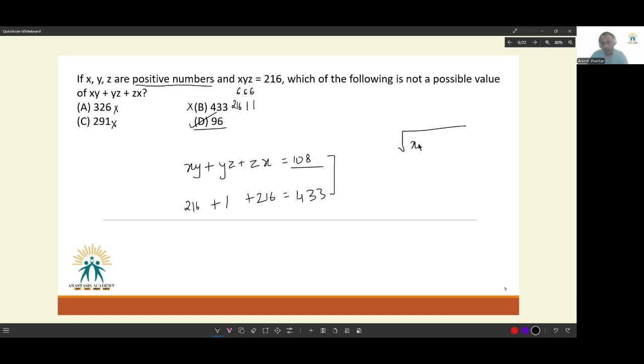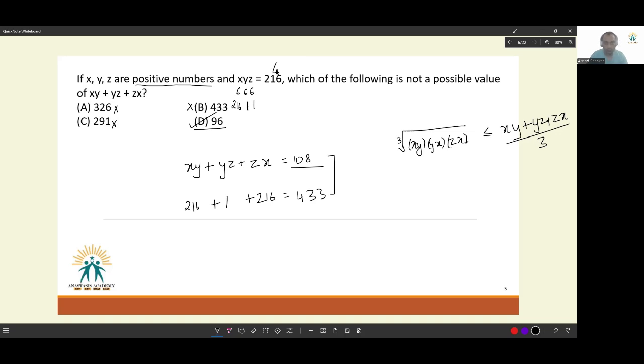So we will have the cube root of xy into yz into zx has to be less than or equal to xy plus yz plus zx by 3, which will now give us xy by zx will be 216, 216 square.